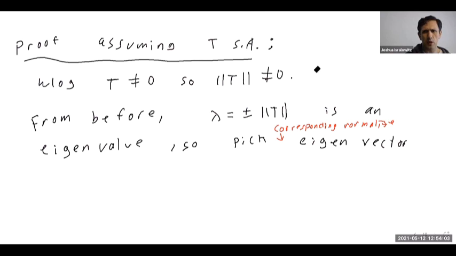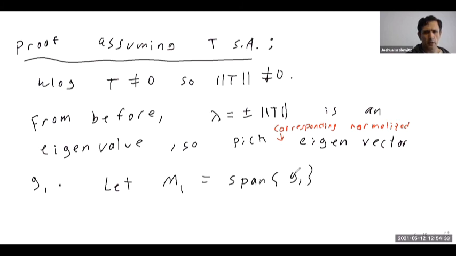As we said before, you can always trivially normalize an eigenvector. So let's say M1 is the span of g1.